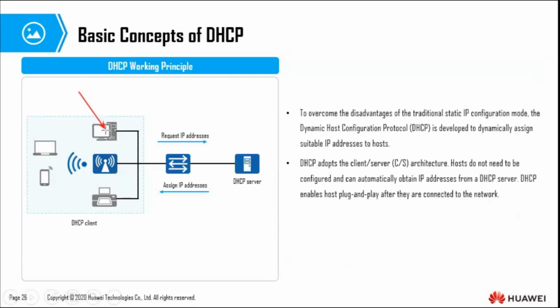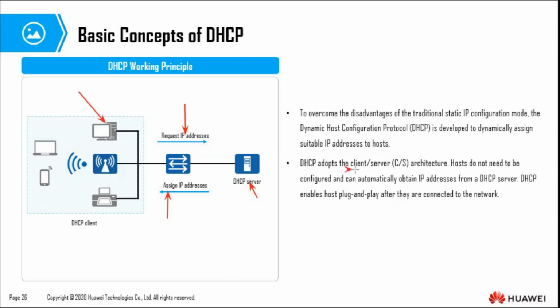You connect to the network, then you request what? An IP address. Then the DHCP server will assign you an IP address. It will send you an IP address together with other configuration details like the gateway, the DNS server, etc.